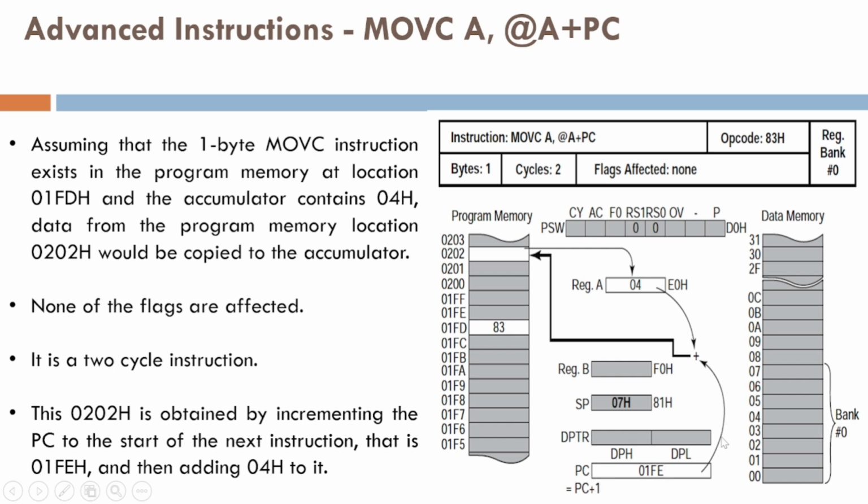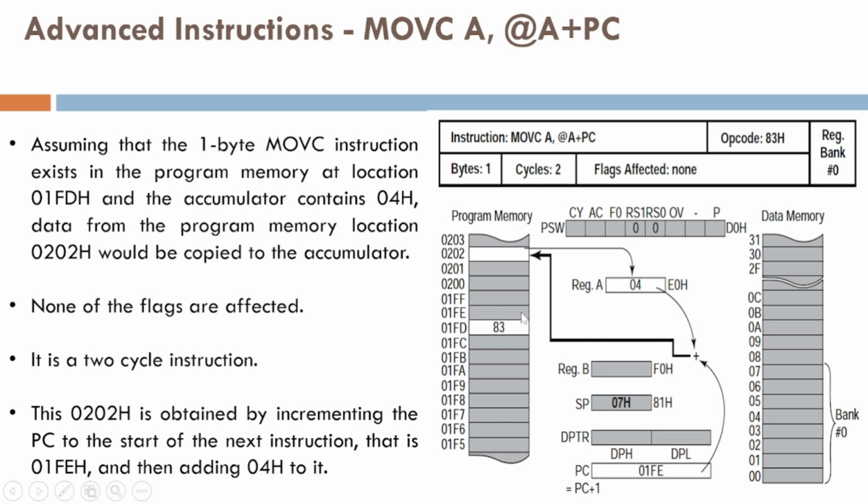Now, this 01FE gets added with the initial content. Remember, it is the initial content. The contents which are shown here are the initial ones. So 04 and 01FE both are getting added. Once they get added up, it moves to the location 0202. Obviously, the program counter value was this.